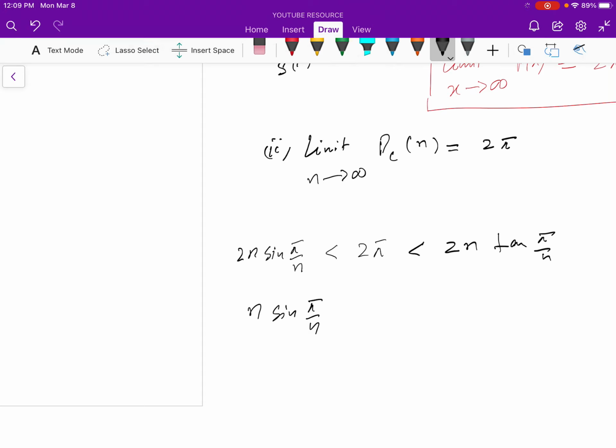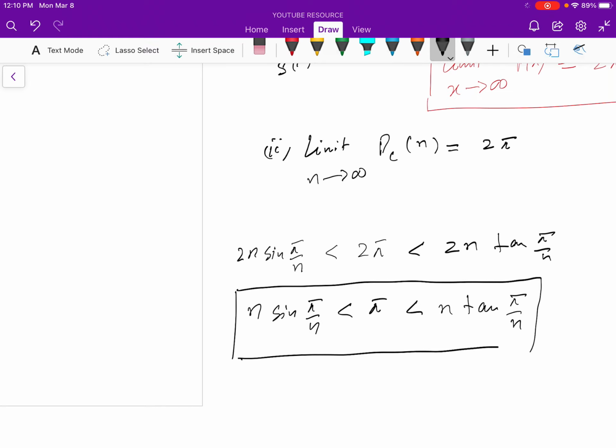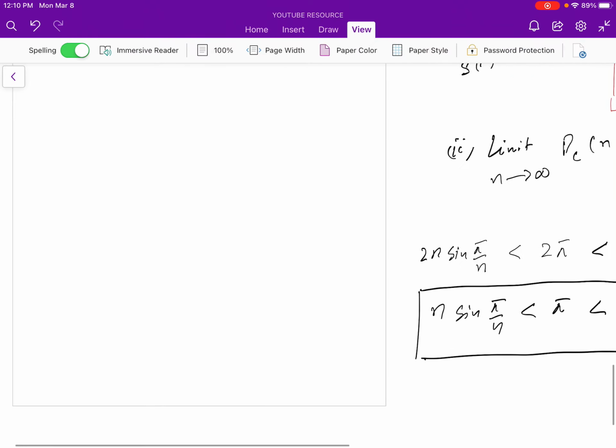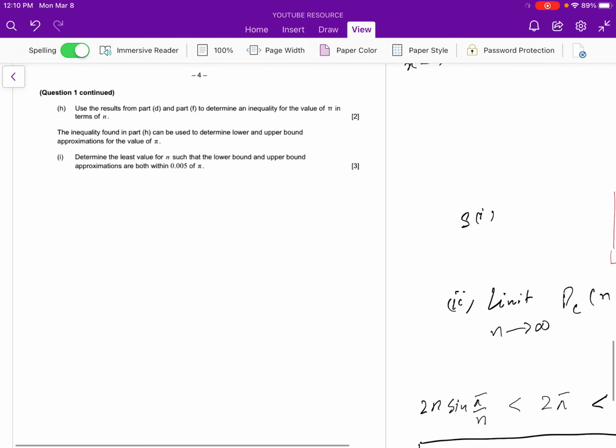So we can write n sine pi over n less than pi, and that is less than n tan pi over n. So this is the inequality required in this part. So in part H they said use the result from part D and F to determine the inequality for the value of pi in terms of n.